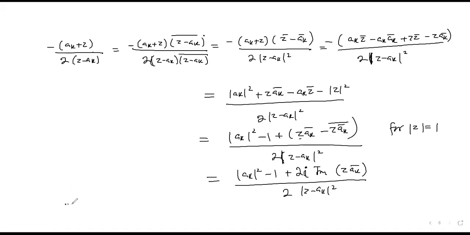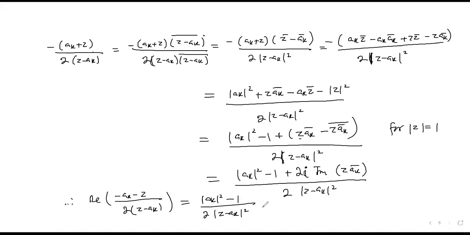Therefore, real part of minus a_k minus z divided by 2(z minus a_k) is equal to modulus of a_k squared minus 1 divided by 2 times modulus of z minus a_k, whole squared.